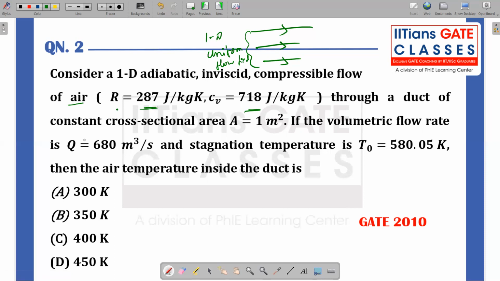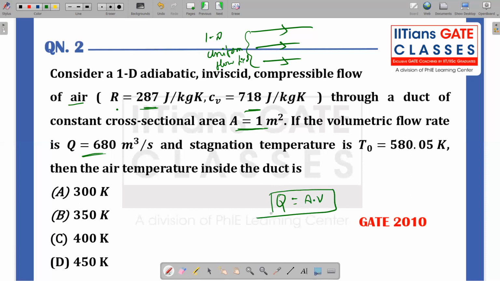Through a duct of constant cross-sectional area, the area of the cross-section is given. The volumetric flow rate Q is nothing but area into velocity.